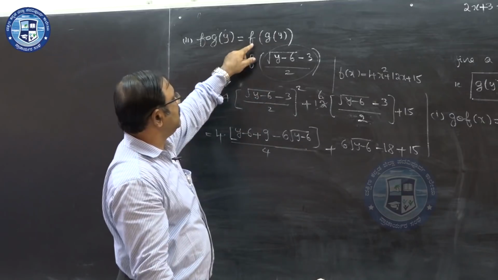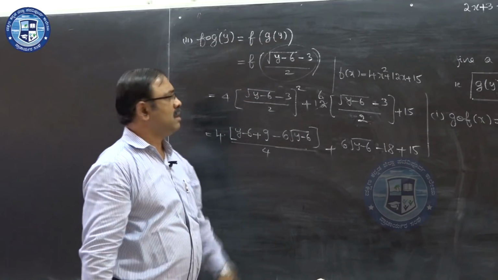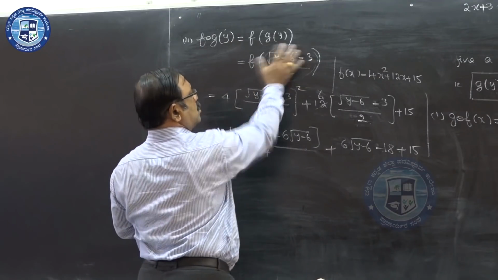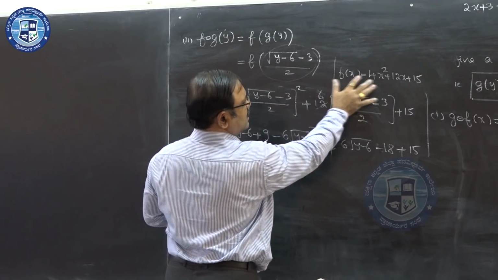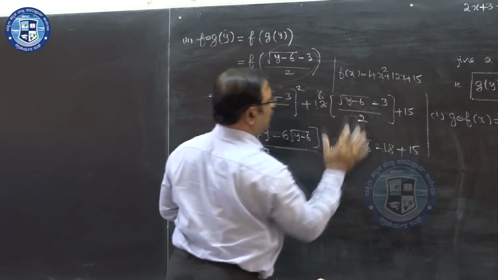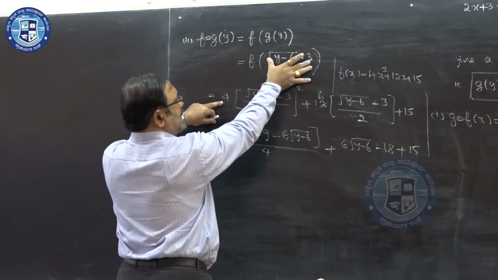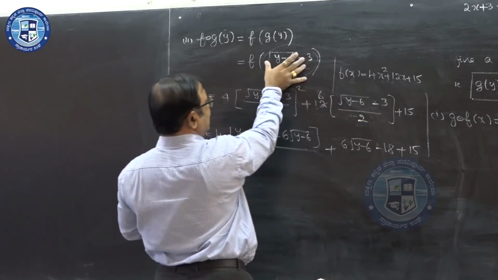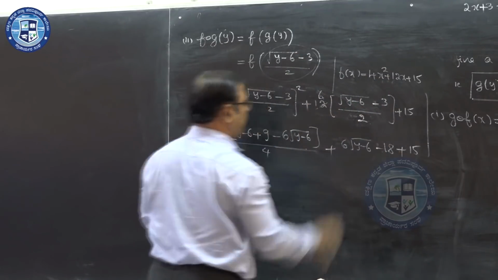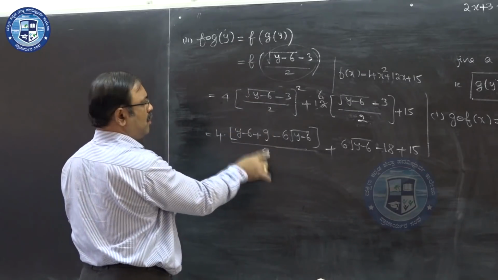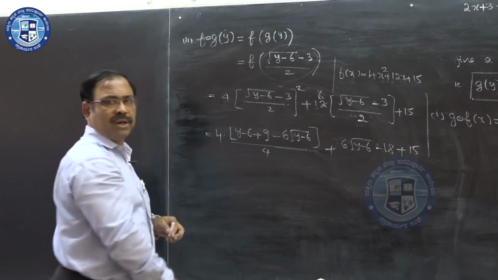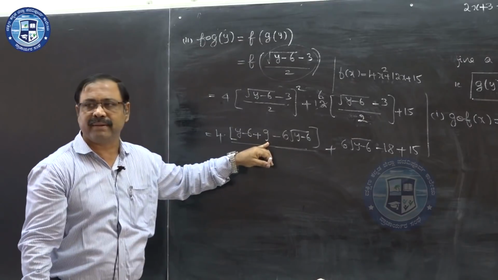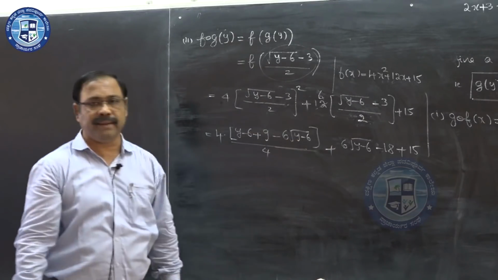I repeat this, f of g of y. F of g of y is this. This is totally x. F of x, 4x square, 12x, 15. 4 into x square plus 12 into x means this much, plus 15. Now this is 2 square, 4. A minus b square. What is a minus b square? A square plus b square minus 2ab.